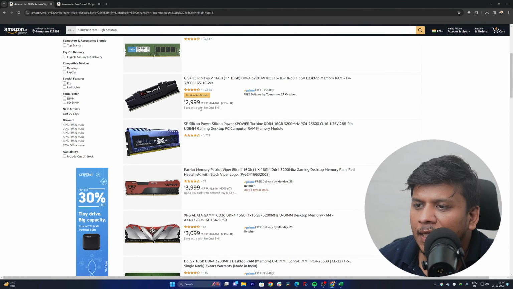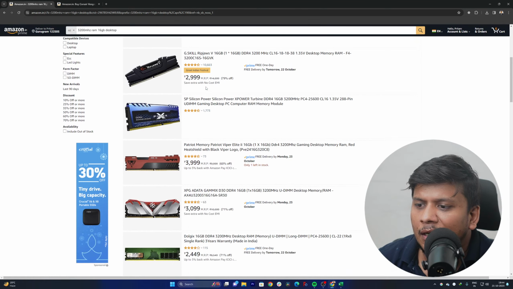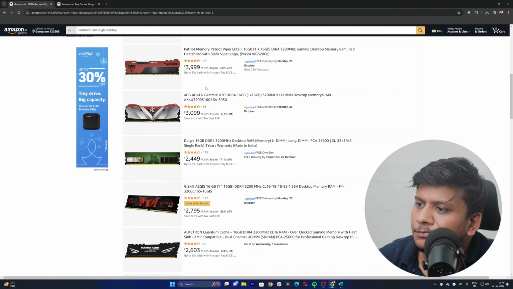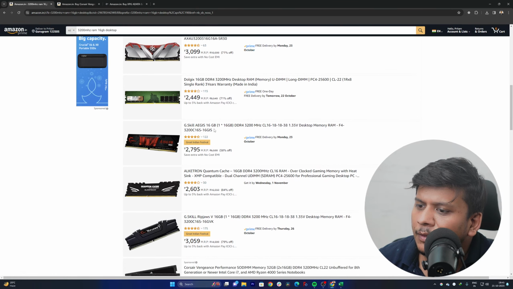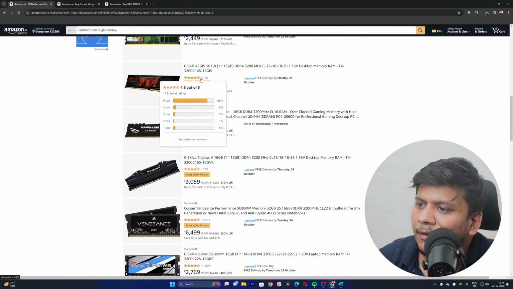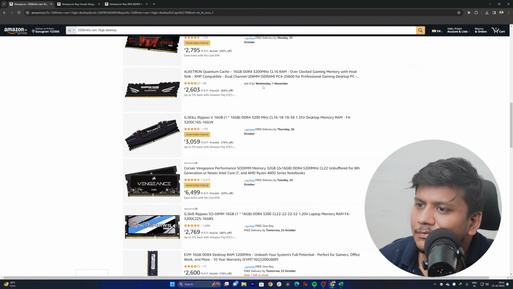So we can go either with this RAM, and then I also would like to recommend one more company. Okay, this one also we can go with. This one for sure we will not. Never. Because this is not that great.